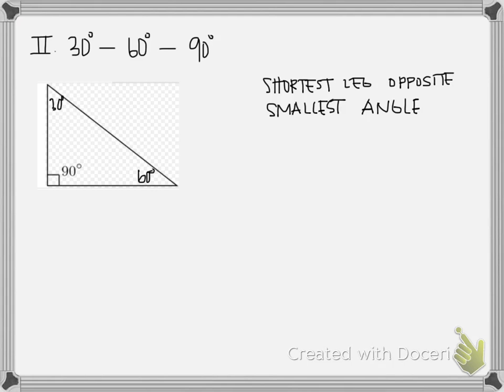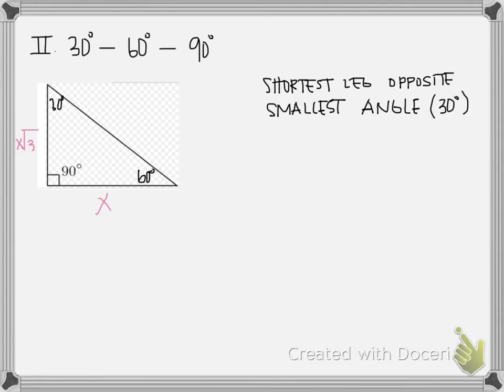In this case, our smallest angle would be the 30-degree angle. So the shortest leg here, this is what we're going to have to remember, is going to be equal to an x. The larger leg, which is going to be across from the 60, is going to be equal to x square root of 3.